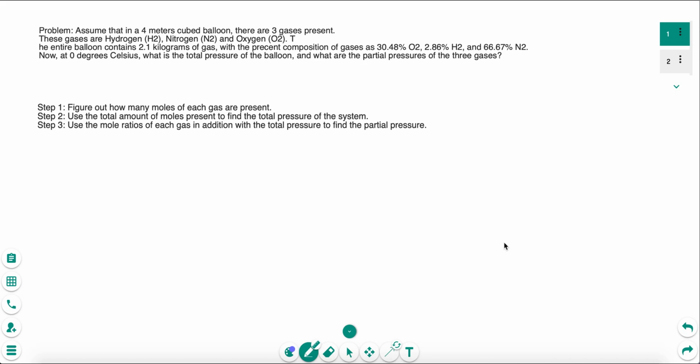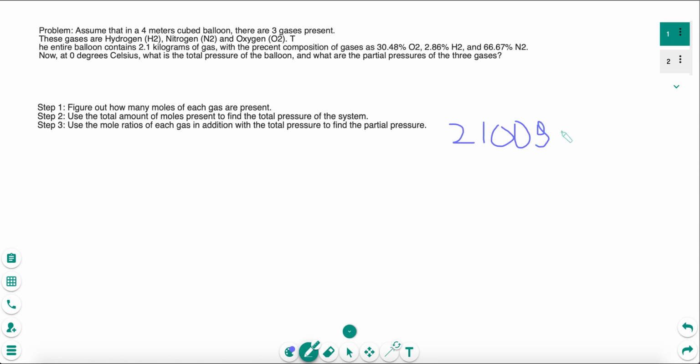pressures of each gas. So first and foremost, we need to figure out how many moles of each gas are present. We can do this by using the percent compositions by mass given to us. So we have 2.1 kilograms of total gas, which is equal to 2100 grams of gas.